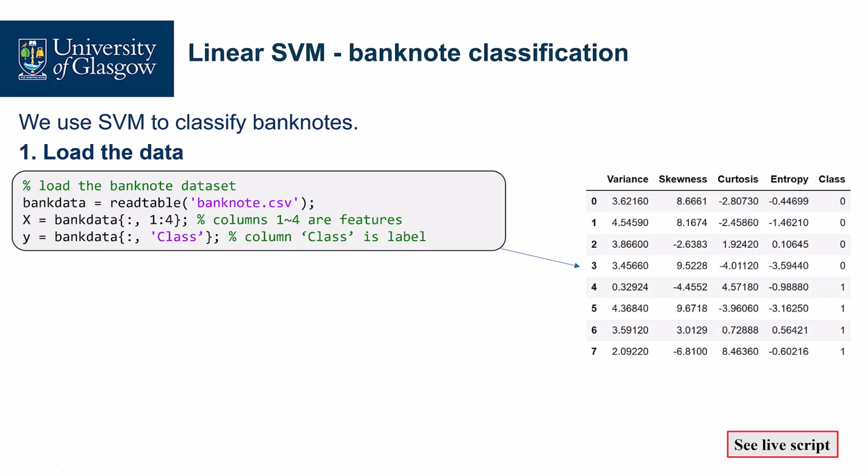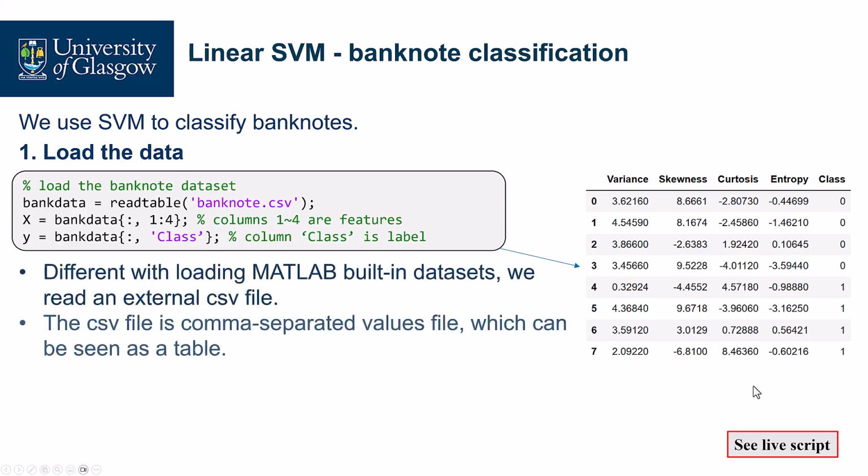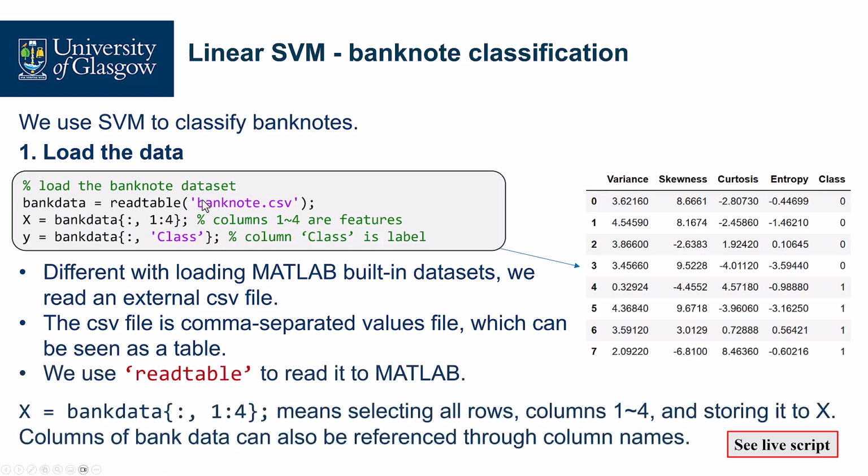This is the result. The CSV file has the variance, skewness, kurtosis, and entropy, and the class 0 and 1. For this file, I also wrote comments about what these commands do, and if you don't remember it, you can watch here.